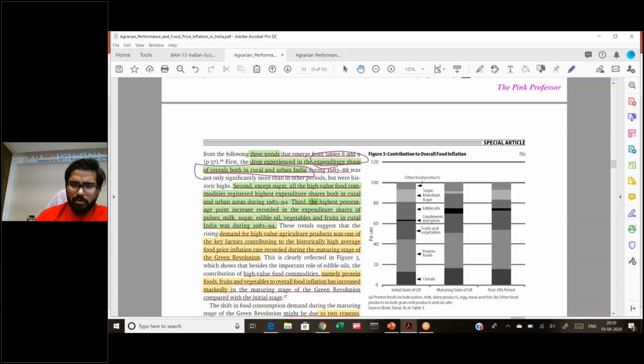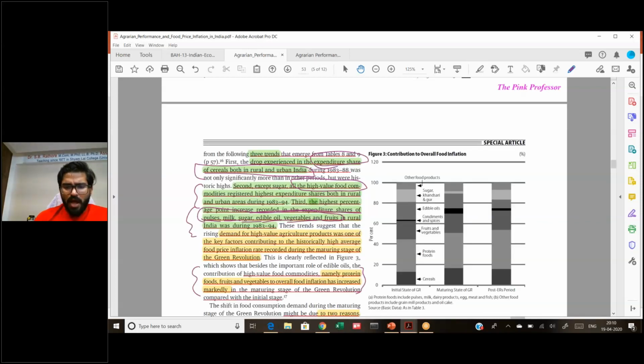The second trend is that the share of high value food commodities has increased in both urban and rural areas. And third, the highest percentage increase is in pulses, milk, sugar, edible oil, vegetables, fruits. So these are all expensive items, and all of this shows a shift towards protein items.